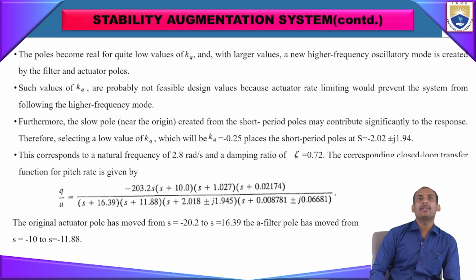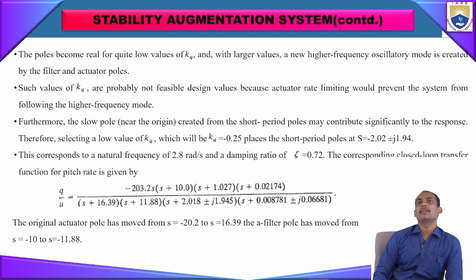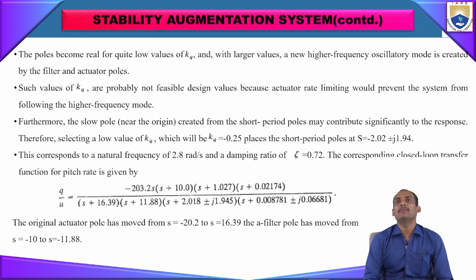So the poles become real at quite low values of KQ, and at larger values, near high frequency oscillatory modes have been created by the filter and actuator poles. Such values of KQ are probably not a feasible design, because actuator rate limiting would prevent the system from following a higher frequency mode.